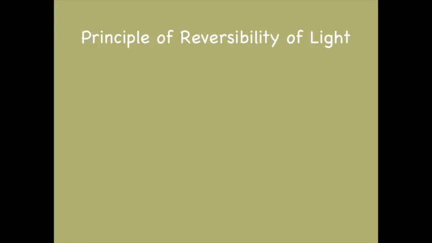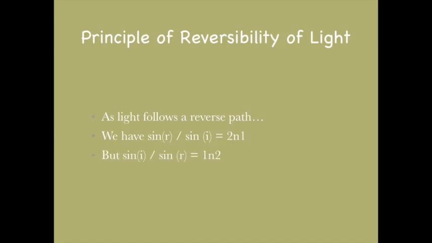So let's learn about the principle of reversibility of light. As light follows a reversible path, we have sin r by sin i is n12 and sin i by sin r is n21. Therefore, 1 by n12 is n21. You have to mark this up.